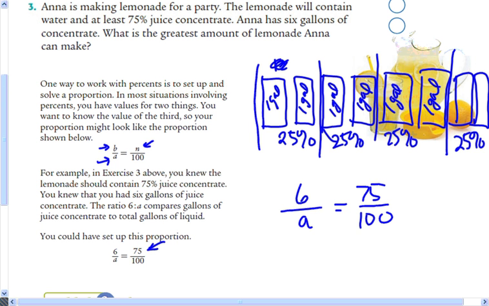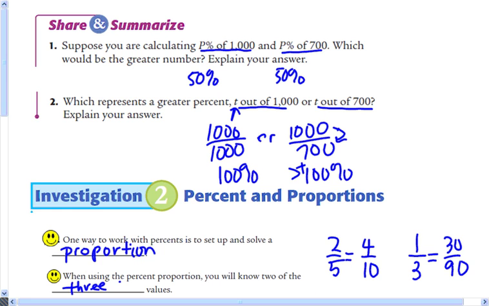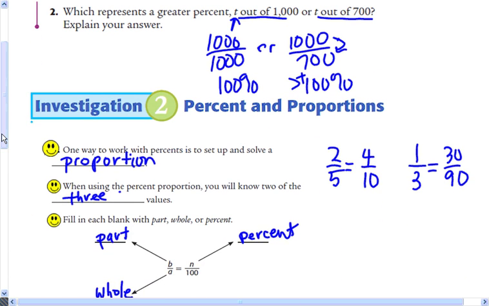And I think you've learned some ways to solve it in the past. I'm going to rely on a certain way that I think is easiest and best represents proportions. Just a quick lesson. Back when I was introducing proportions, I showed a couple of sets of equal ratios that make up proportions right here. There's one thing I want you to notice about these proportions. If I multiply 2 times 2, I get 4, and if I multiply 5 times 2, I get 10. I can use that idea if I want to solve it. Same with this one.